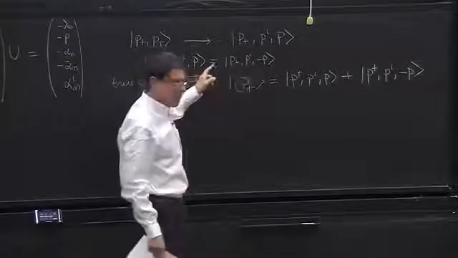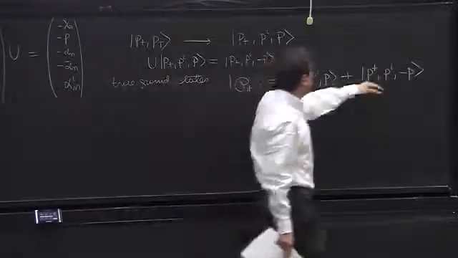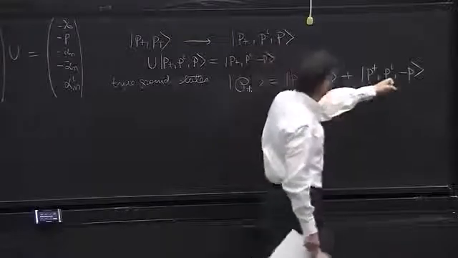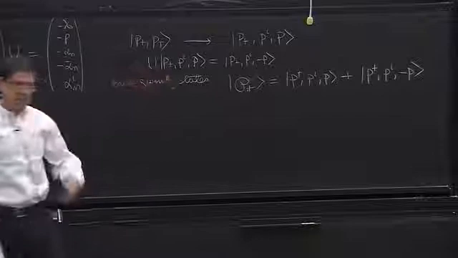Zero momentum in the orbifold direction, but that's not true. You could make a state like this. The action of U gives you this. The action of U on this one gives you that. And this state is invariant.